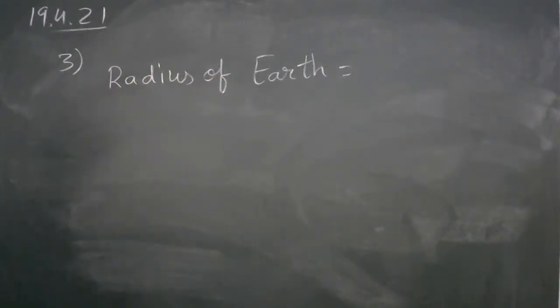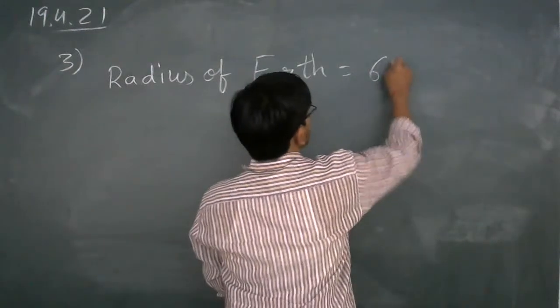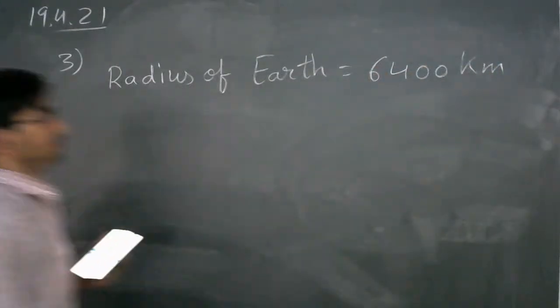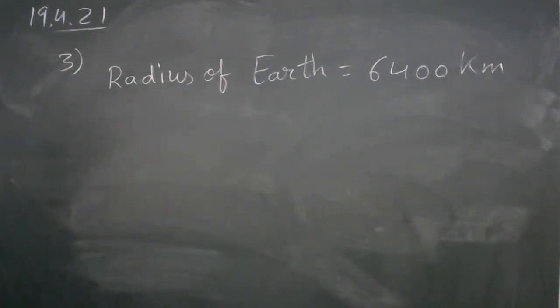If the diameter is 10, the radius will be 5.